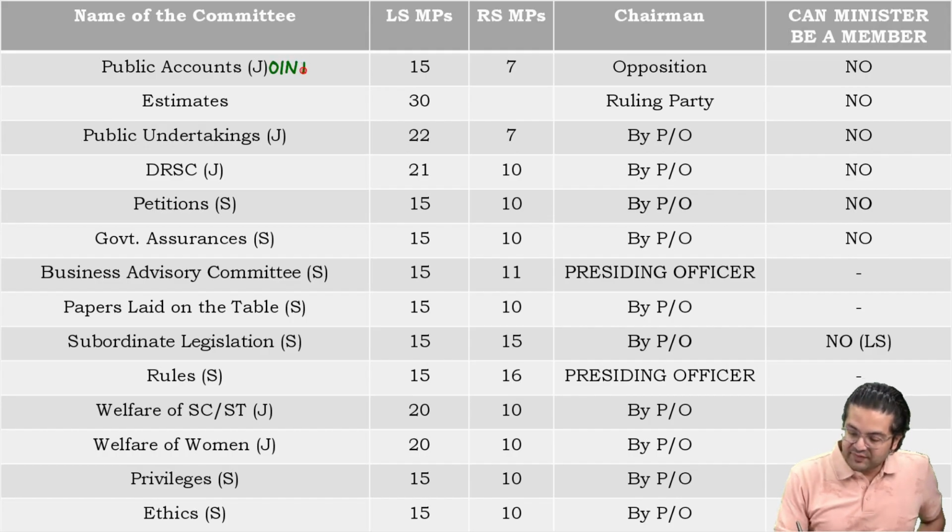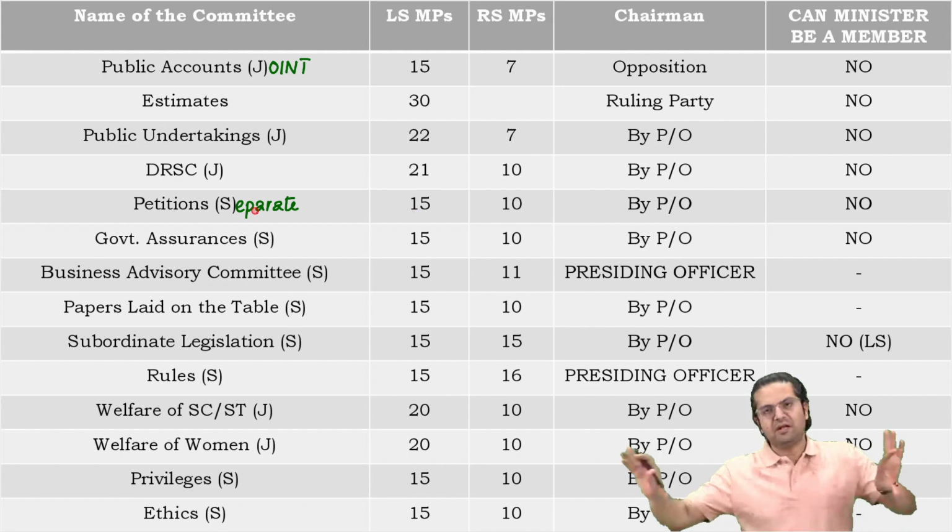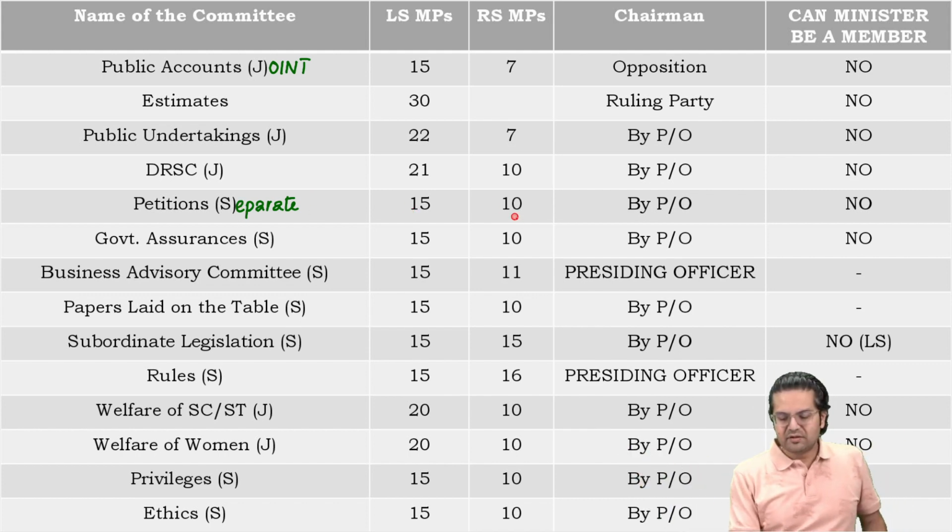S stands for separate, not select. Separate. So basically this, say, committee on petitions, there's a separate committee for Lok Sabha and separate committee of Rajya Sabha. Two different committees. This committee works only for Lok Sabha, all Lok Sabha MPs, and this is a committee number 2 which works inside Lok Sabha only.